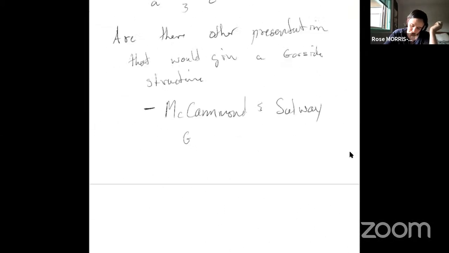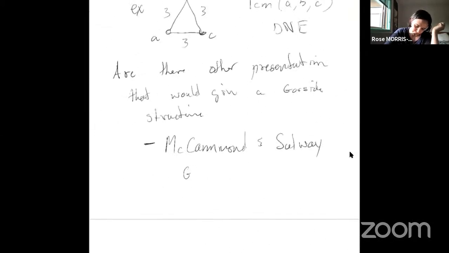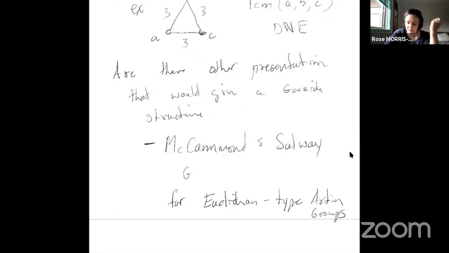When Euclidean type Artin groups act on this vector space, the inner product on the vector space happens to be your standard dot product.